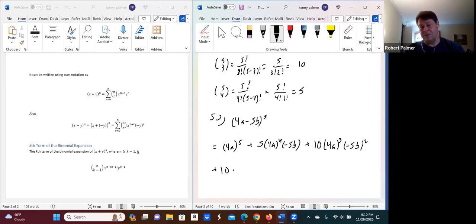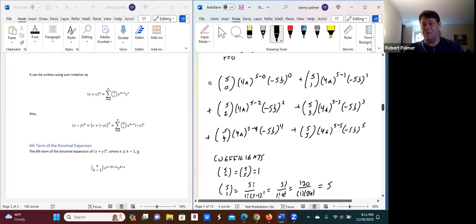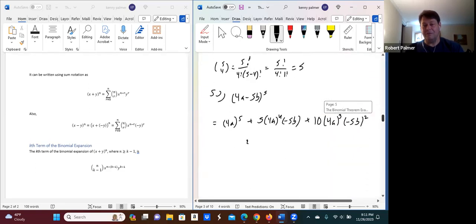And then that's going to be 4. You can see the pattern now, especially 4a to the 4th, 4a squared. This reduces by 1. This goes up by 1. So negative 5b cubed plus, and the last 2. So the 5 over 4 coefficient was the same as 5.